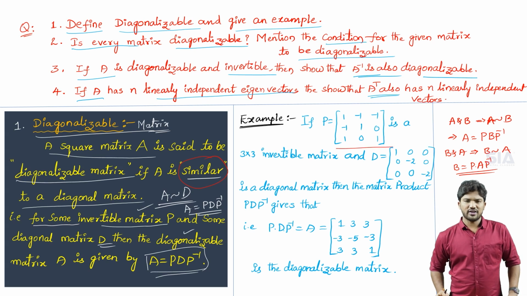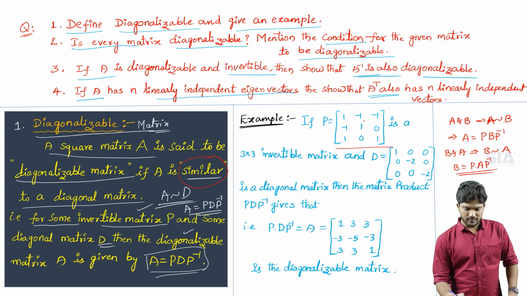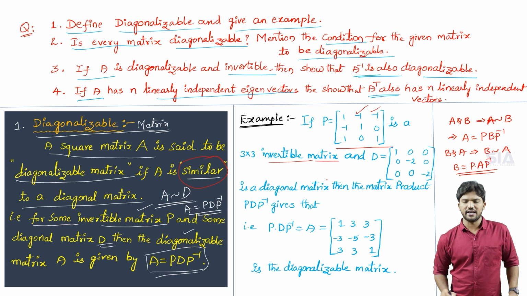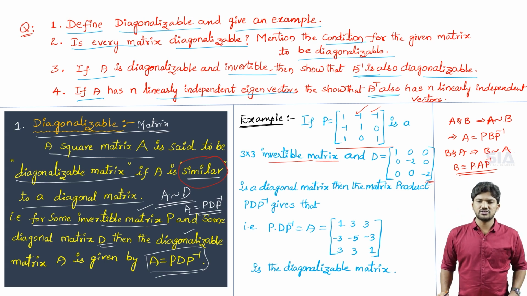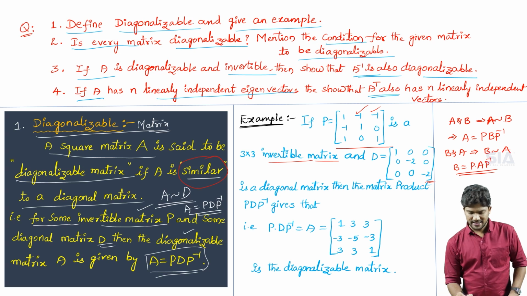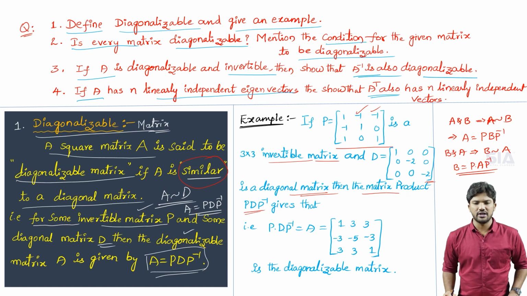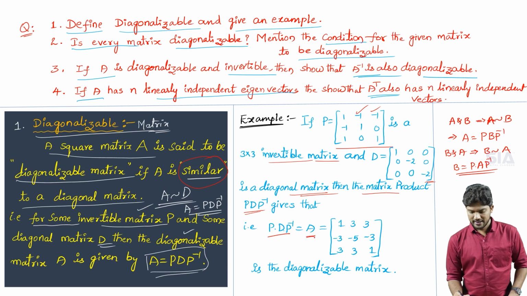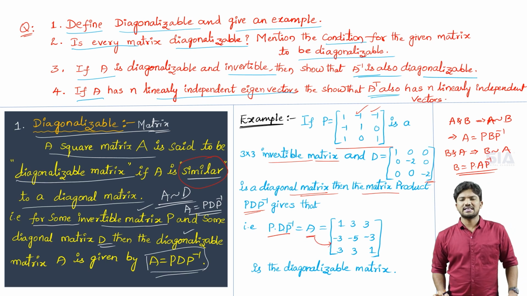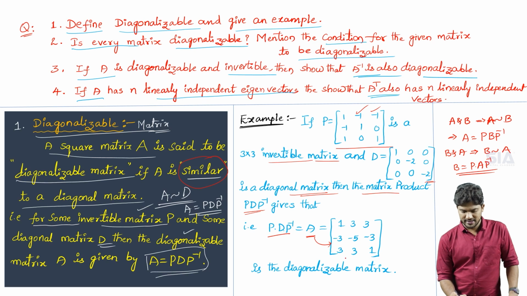Example: if capital P is equal to [1 -1 1; -1 1 0; -1 0 1], which is a 3 by 3 invertible matrix, and capital D is equal to [1 0 0; 0 -2 0; 0 0 -2], which is a diagonal matrix, then the matrix product P into D into P inverse gives capital A, which is equal to [1 3 3; -3 5 -3; 3 3 1].